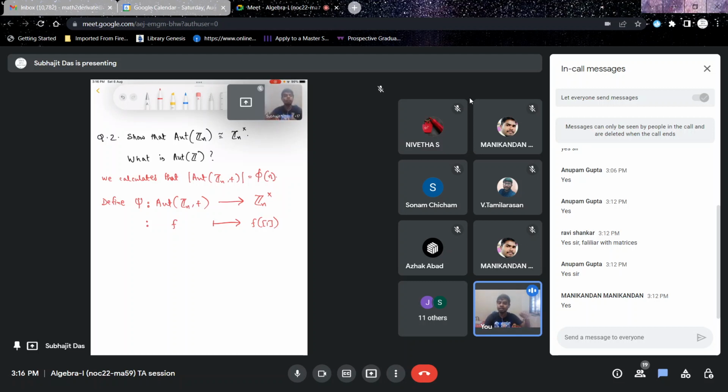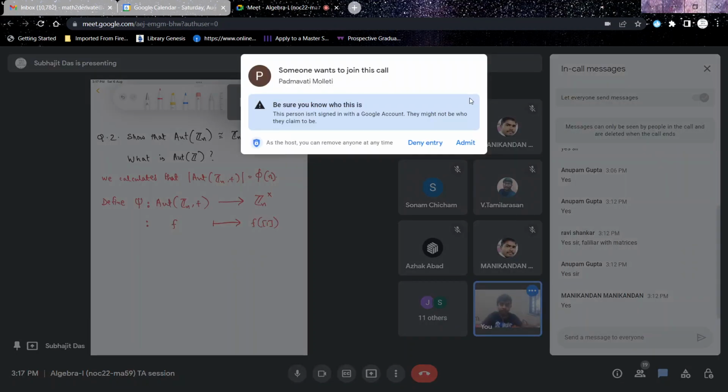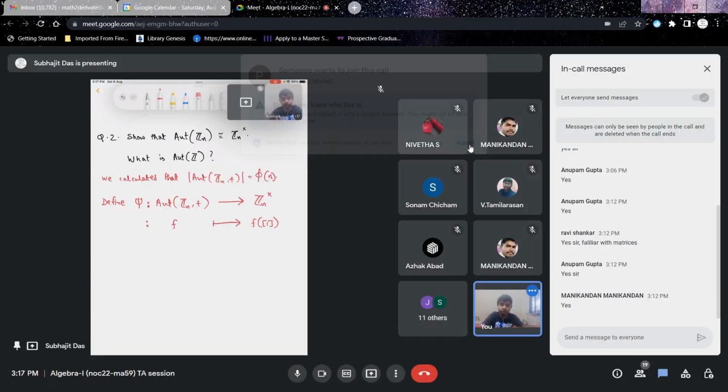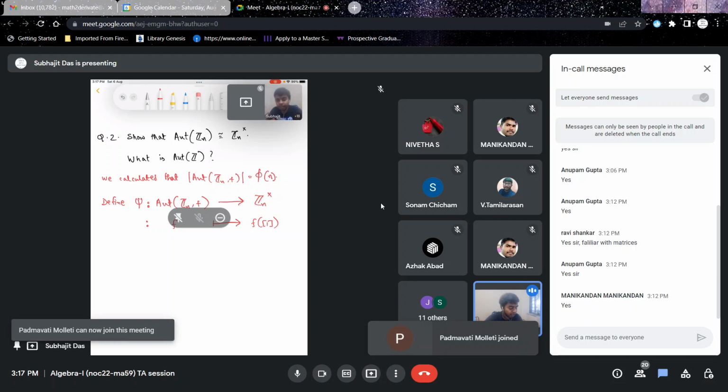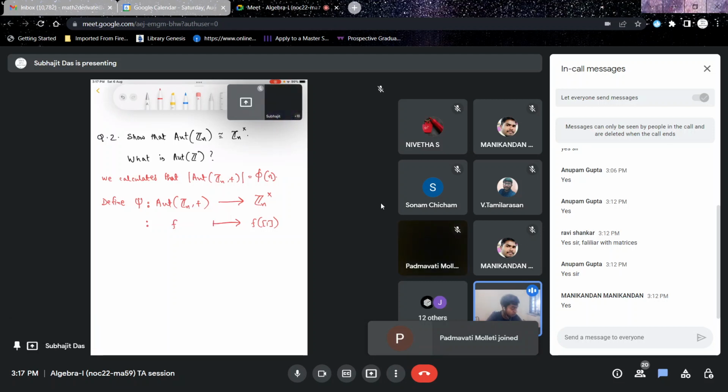And what are the generators of Zn? Those are precisely the elements of Zn star, right? That is, those congruence classes whose representatives are relatively prime to n. So what I am trying to say is, f of 1 always belongs to Zn star.